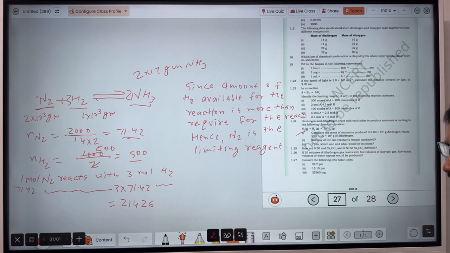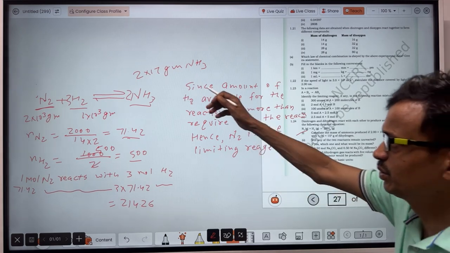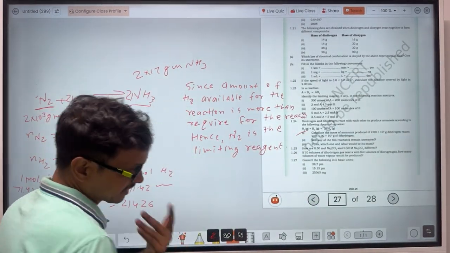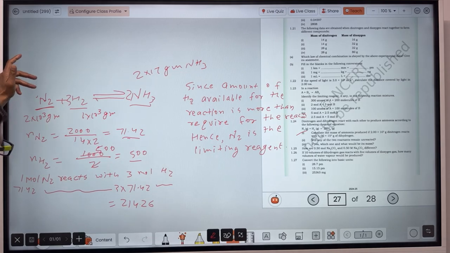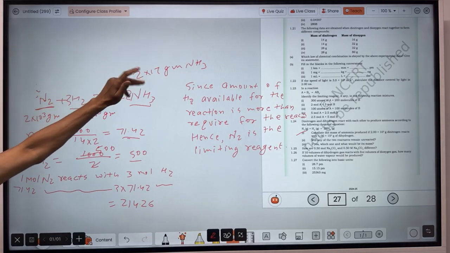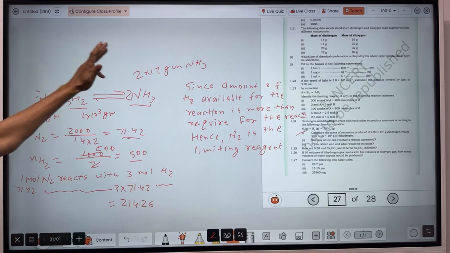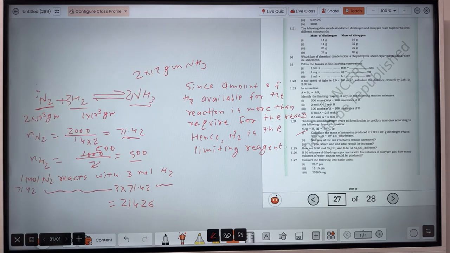That much ammonia will be the number of moles of ammonia, and mass will be the number of moles into the molecular weight. Either you do it like that or directly establish a relationship between the number of moles and mass. So 1 mole of nitrogen gives 34 gram of ammonia. So that much nitrogen will give how much?